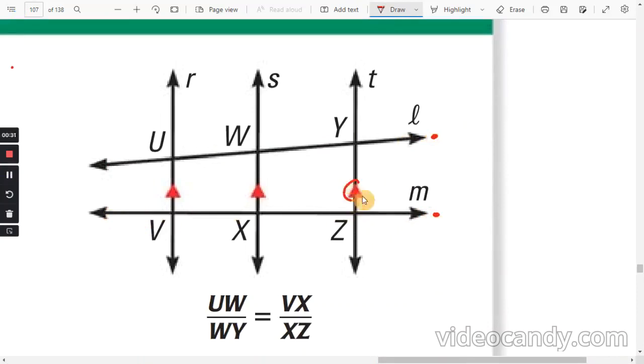Since these 3 lines are all parallel, it divides these 3 lines proportionally. So UW divided by WY, in other words, this divided by that, is going to equal VX over XZ, this divided by that.